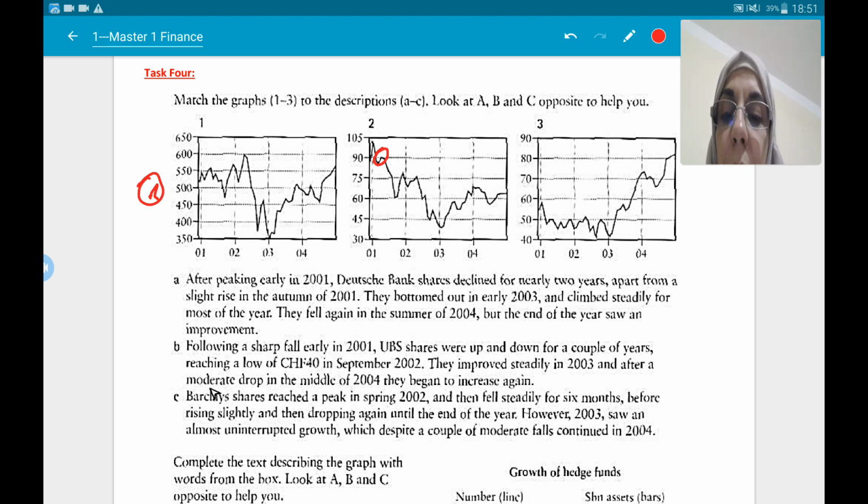Now, B, it's with 3. Following a sharp fall early in 2001, there is a fall here.